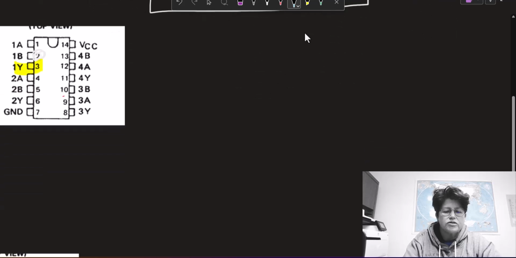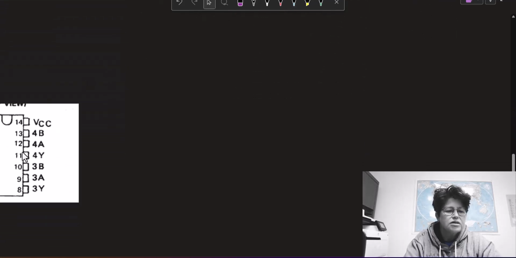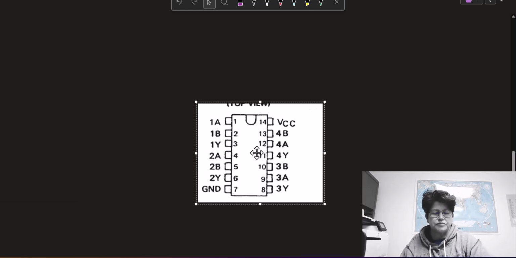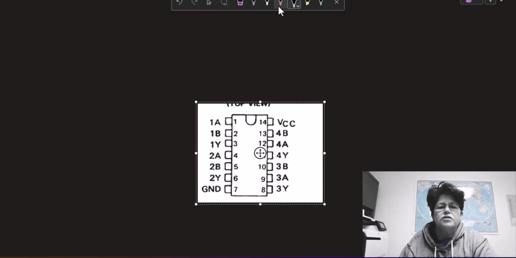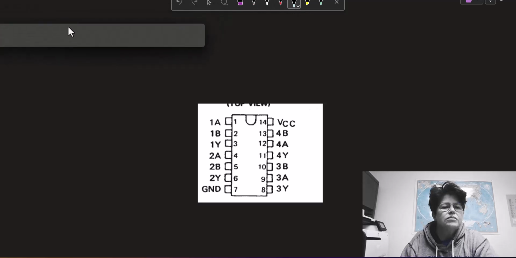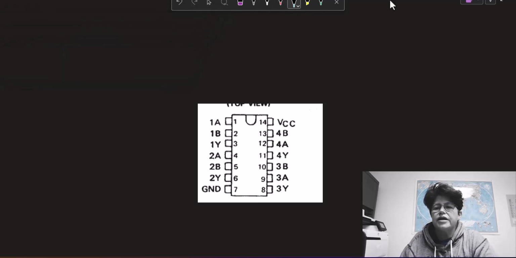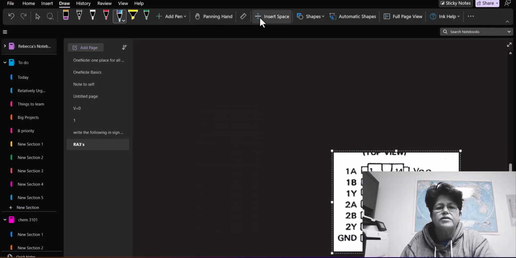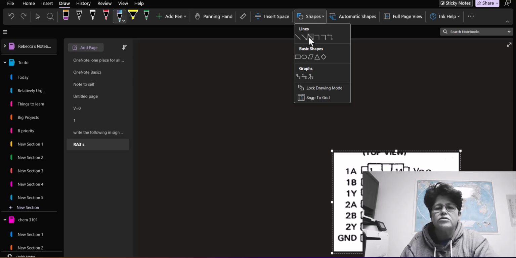So now if I want to draw the actual connection for the pins, first I need to have pin 7 to ground.